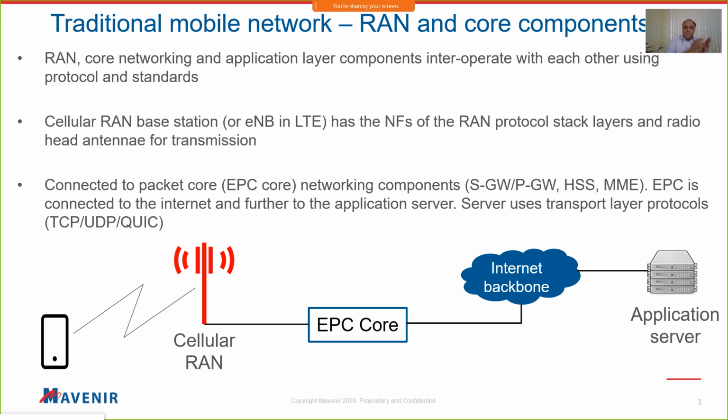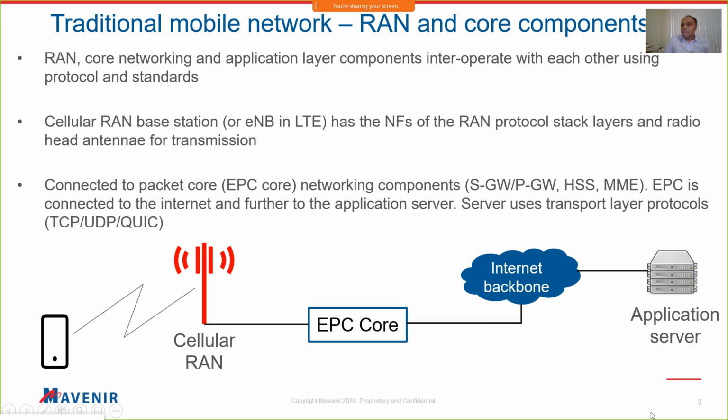The user is connected to the cellular RAN base station via the wireless radio link, and then to the packet core network, which has the core networking components like the serving gateway, packet gateway, mobility management entity, etc., and then connected all the way to the application server through the internet backbone.